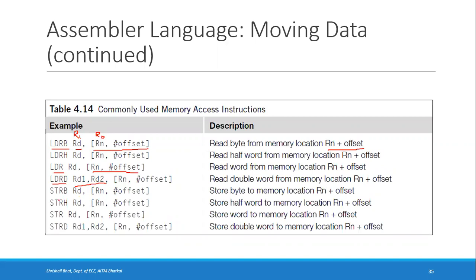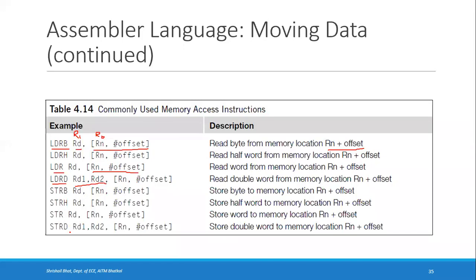Similarly for store, the syntax is the same, but here the destination will be the memory location, whereas the source will be RD. In store instructions, the contents of register RD will be stored in the memory location pointed to by the address Rn plus offset. This is for byte, this is for half word, STR is for word, and STRD is for double word.